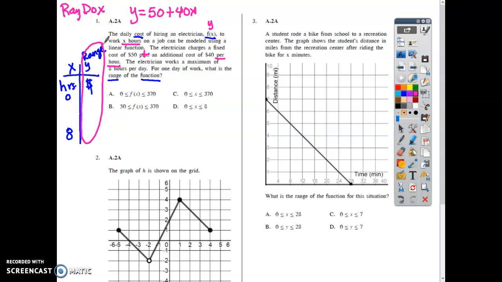So when I put this equation in Desmos, I'm going to be looking at the right side for my y's, from 0 hours all the way to 8 hours, and that's going to be my cost. Also know that y is the f of x, so your answer choices should only be ones that say f of x. Okay, so I'm just going to start it, but I'm not going to finish it for you.